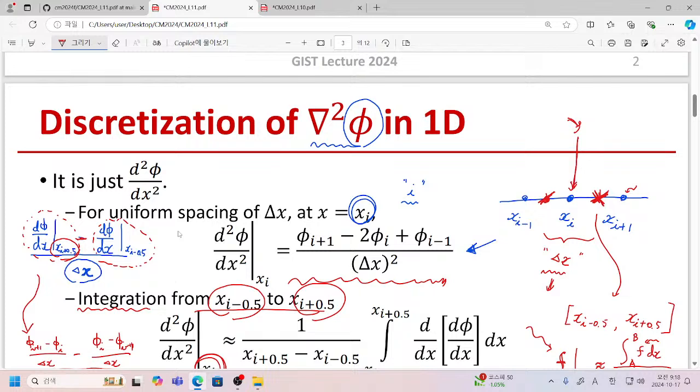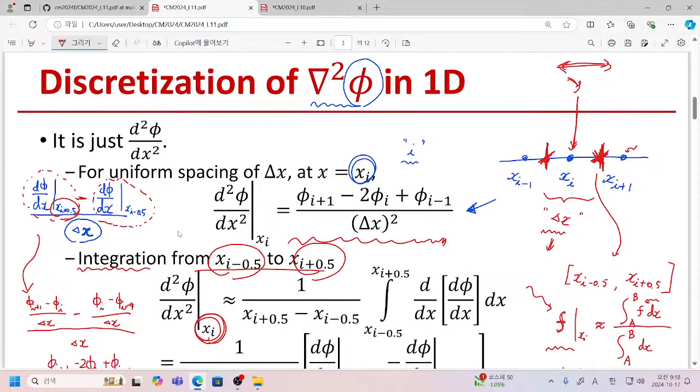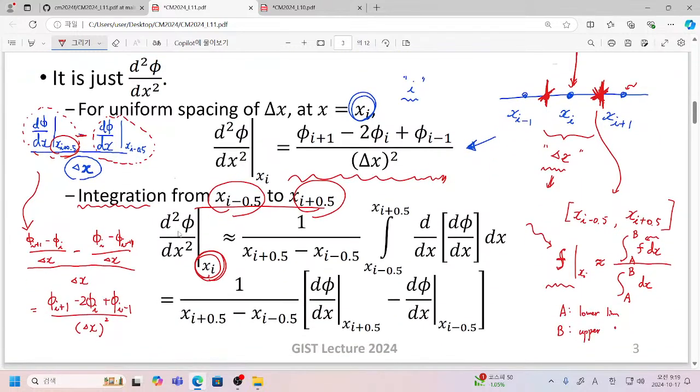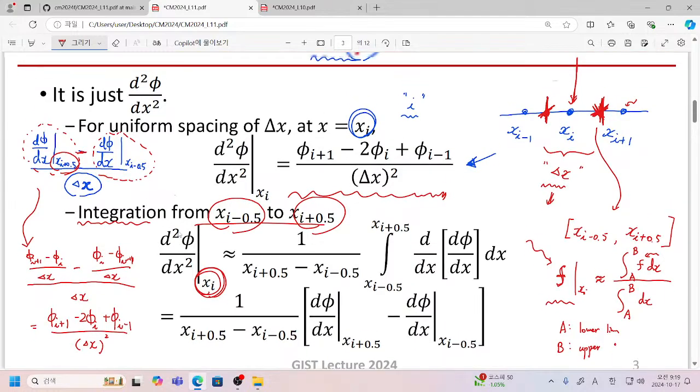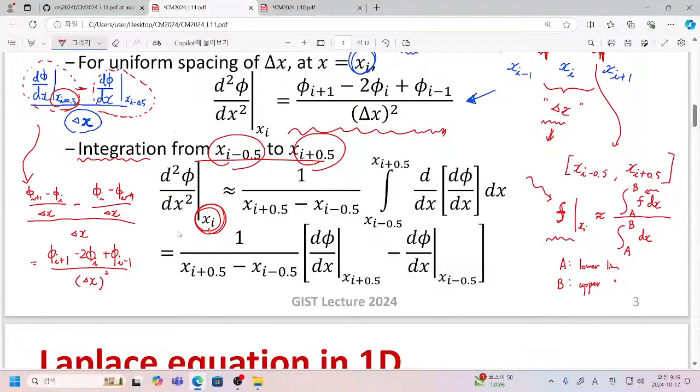However, by allowing the integration over this range, which corresponds to one midpoint and the other midpoint, now we can understand this kind of integral can be reformulated to the other one, and other quantities can also be approximated. Let me just do it here more clearly.